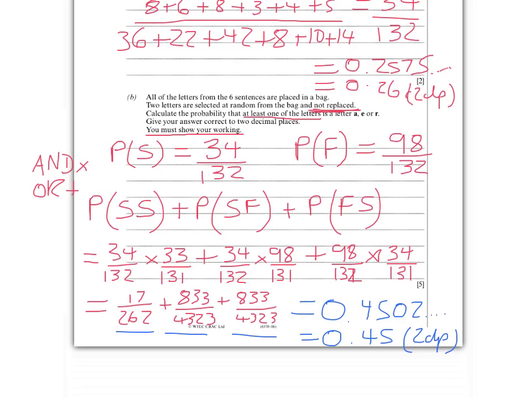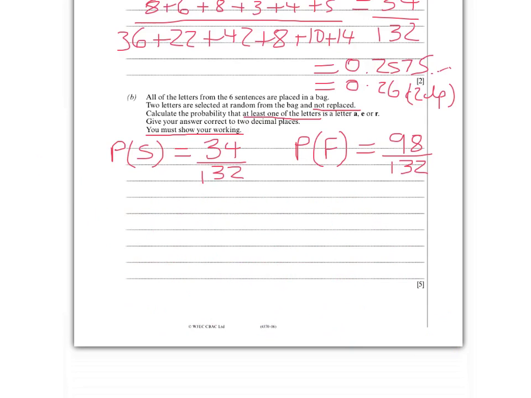Now I did say that there was an alternative method, so we're going to take a look at that now. So our alternative method, so we looked previously and said that there were three different ways we could get at least one letter. So the only other alternative that we've got is if we picked the probability of having a failure and a failure.